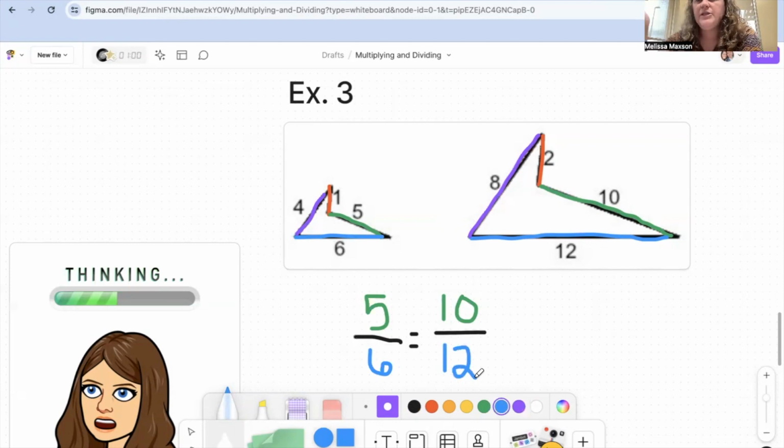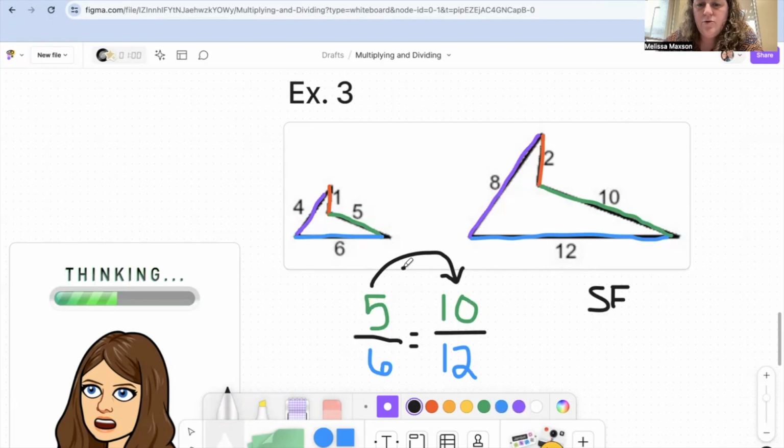Okay. So my first question in my head is, when I go from one fraction to the other, so from here to here, am I going up or down? Up or down? So 5 to 10, we know we have to count up: 5, 6, 7, 8, 9, 10. So this would be something that we're going to multiply.